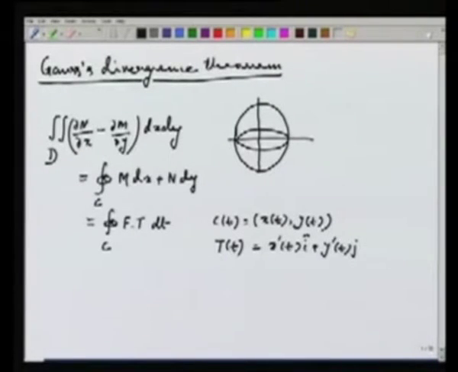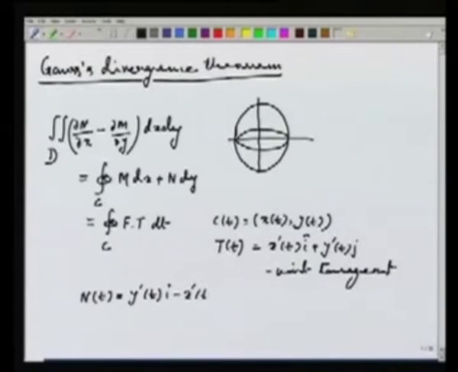Okay, let us assume that this is the unit tangent. If that is the case, then N(t), that is y prime(t) i minus x prime(t) j, is certainly the unit normal, because if I look at the dot product of T(t) and N(t), I get 0. So N(t) is orthogonal to the tangent, so it is the normal.